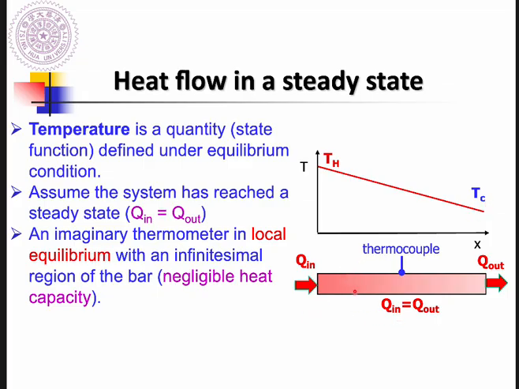Since the heat flow into this metal bar equals the heat flow out of it, this metal bar can be considered a heat transporter, right? So what does local thermodynamic equilibrium mean?